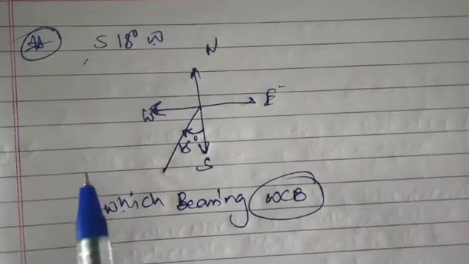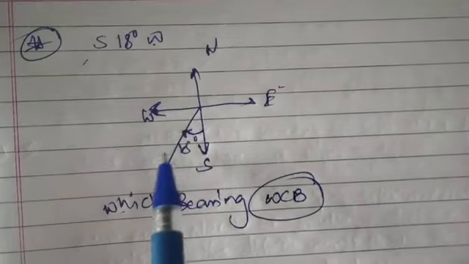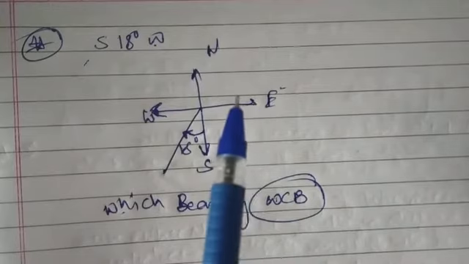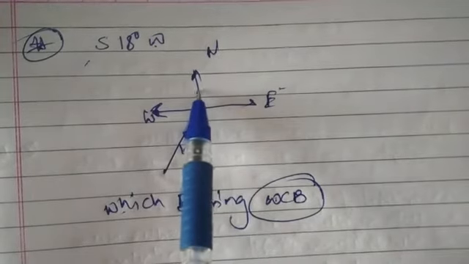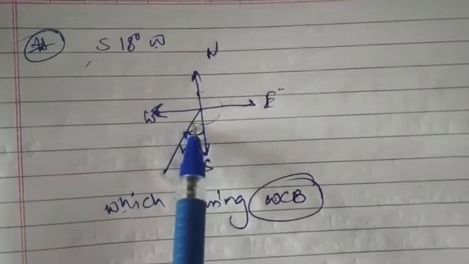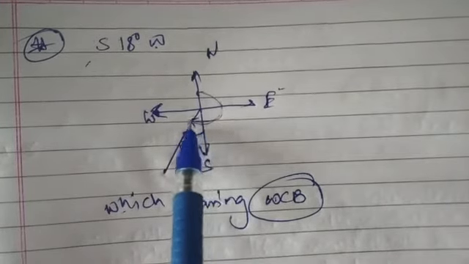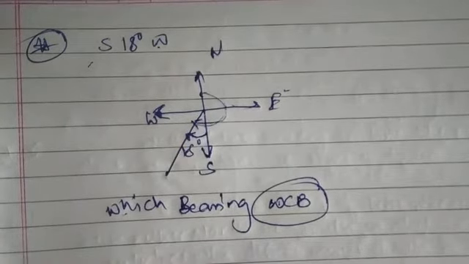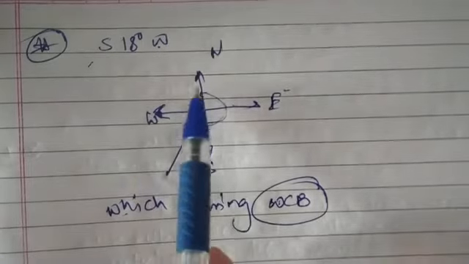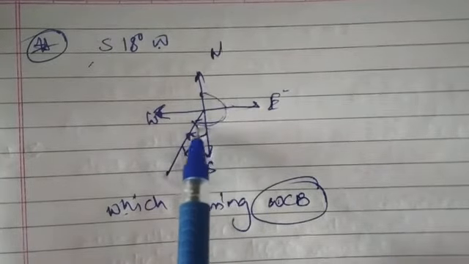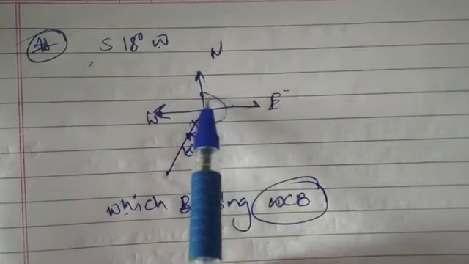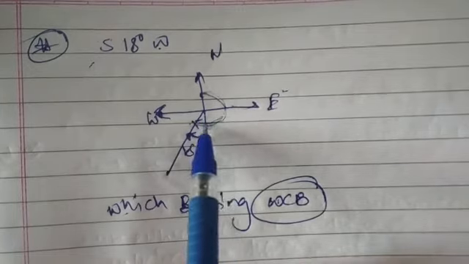Can you guess which bearing? We'll go with the definition of whole circle bearing: the bearing of a line measured from north in the clockwise direction up to the line is called whole circle bearing. So this angle is the whole circle bearing for the line. We are interested in finding this angle, out of which this angle is already known, and we know that the angle on one side of any line is 180 degree.